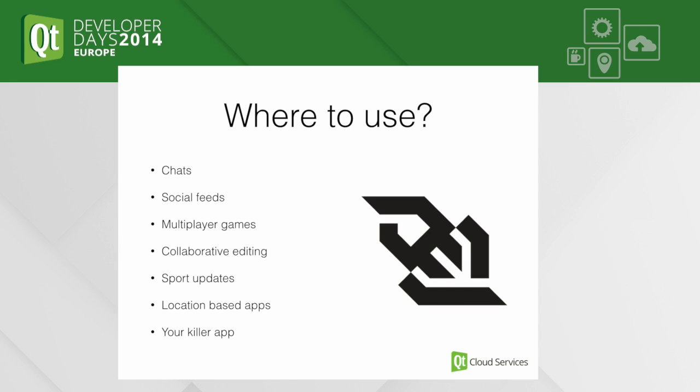In multiplayer games, and collaborative editing, the content is refreshed automatically to all editors. Sport updates and location-based apps, where you can share your location with your friends in real time. And if you have your own web application that needs some real-time messaging, then you can use WebSockets.